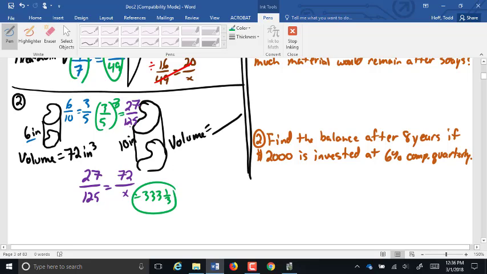Yeah, works for me. Did you guys concur? Cross multiply and divide, of course, right? And what are the units on that? Inches cubed, yes. Any questions?